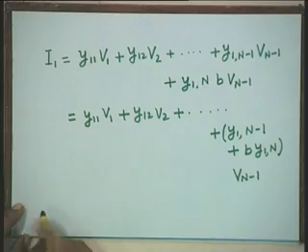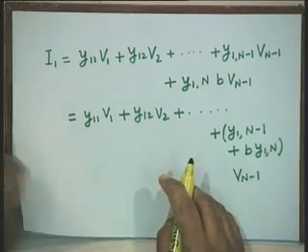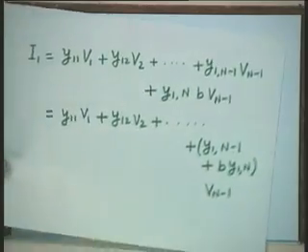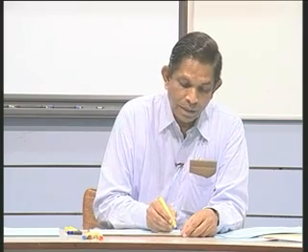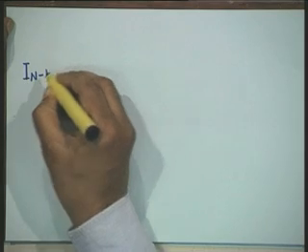Now, suppose I write down the equation for the n minus 1th bus. The current injection will be I n minus 1. Okay.